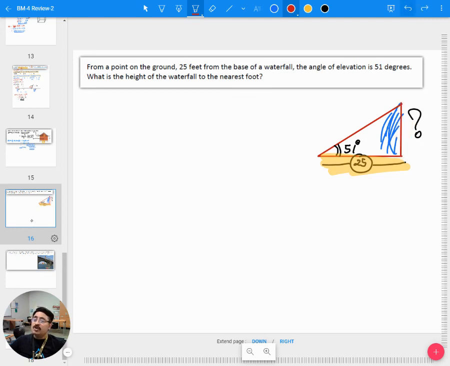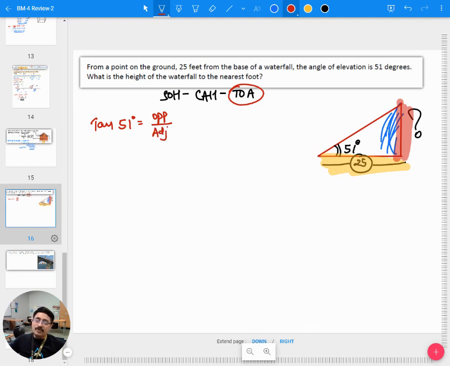Think of SOHCAHTOA. Opposite side and adjacent are tan. Okay, so tan 51 degrees equals opposite side over adjacent side.